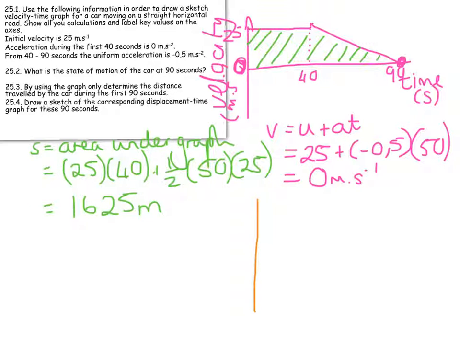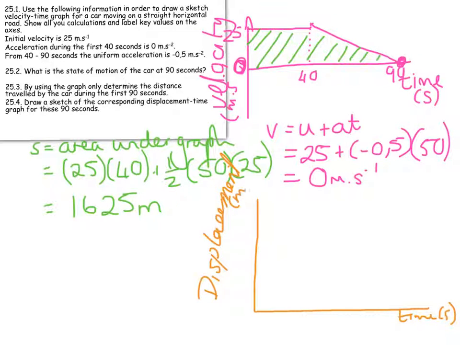Draw a sketch of the corresponding displacement time graph for those 90 seconds. So what happens in a displacement time graph for those 90 seconds? I better label my axes, time in seconds, displacement in meters. And I find out that over the first 40 seconds, that portion over there, I would have landed up at 1,000 meters, because 25 times 40 is 1,000.